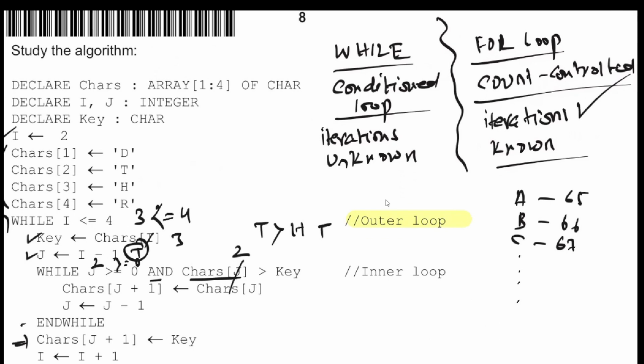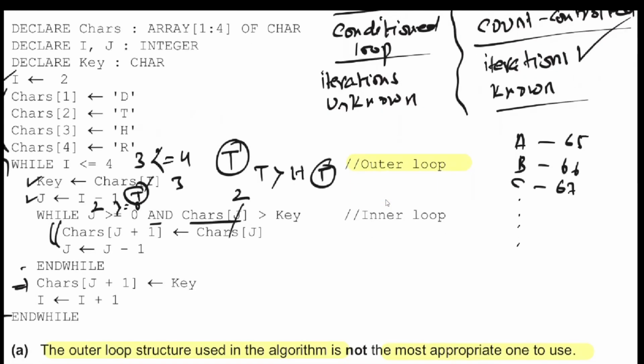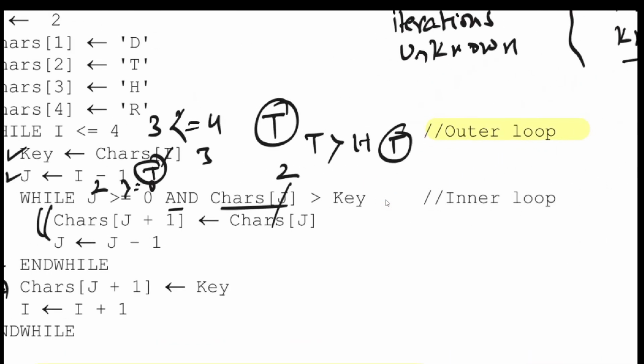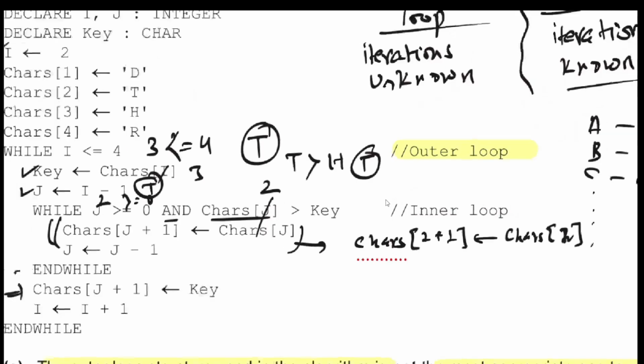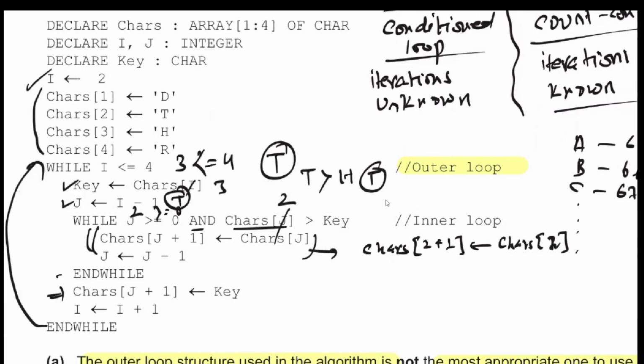So both are true. This is true, this is true. It means the overall is true. So when it is true, we'll move inside it. Now what will happen inside it? I'm just using these two lines again over here so that you get a better understanding. We have char[2+1], so basically the value 2 is stored.